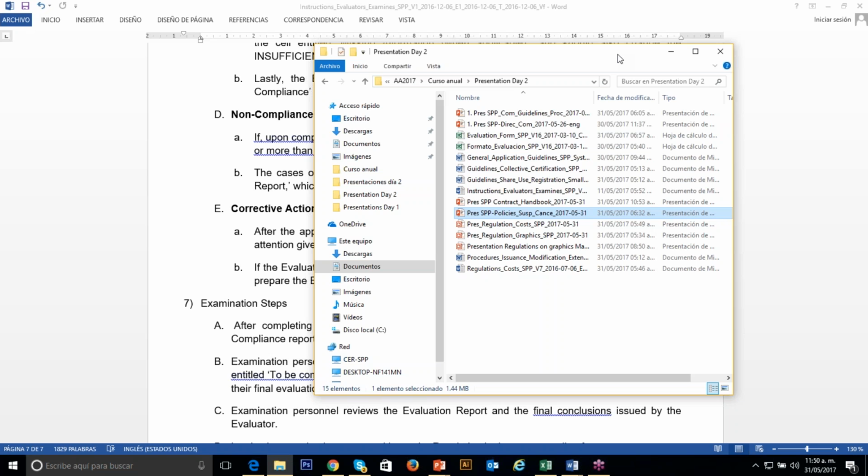For that reason, whenever you have doubts or the information is not clear in the procedures, please contact us to clarify these doubts or to specify some aspects that we don't have in the documents or guidelines.